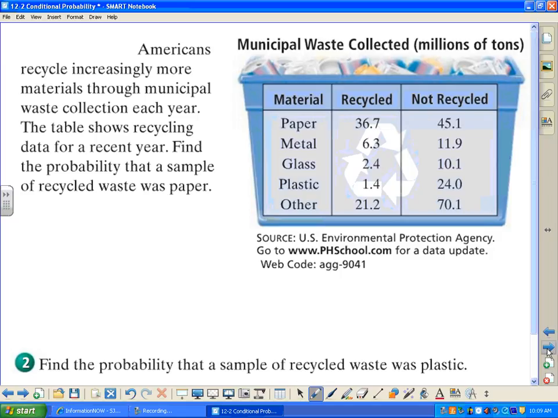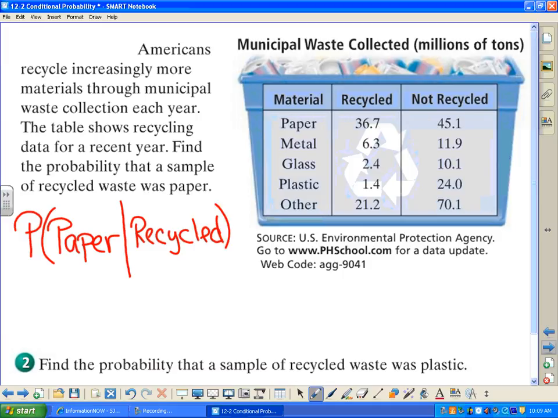It didn't have that word given in there, which sometimes makes it a little bit tough. It says, find the probability that a sample of recycled waste was paper. So we're really finding the probability that the waste was paper given what? Given that it was recycled.